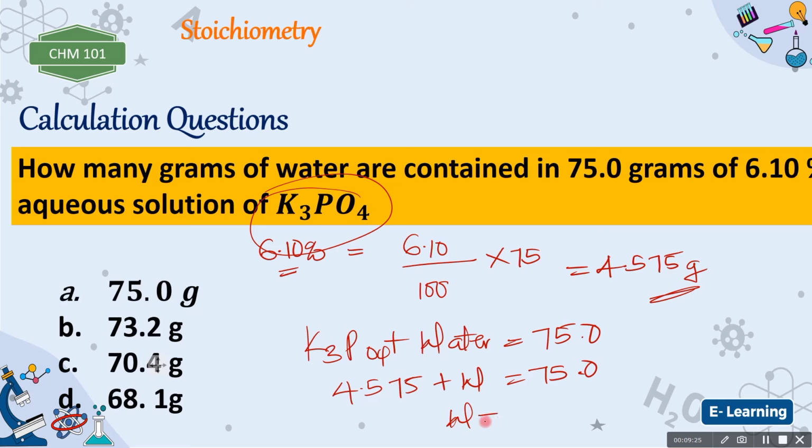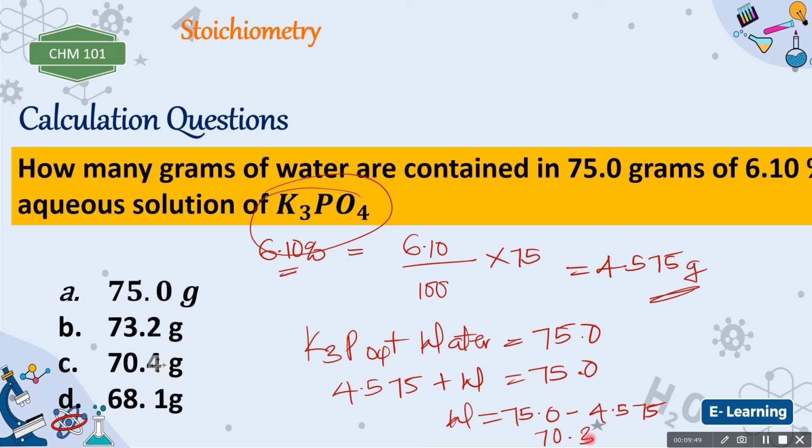So to get that of water, it will be what? 75.0 minus 4.575, which will give us 70.25. All right, approximately 70.3.